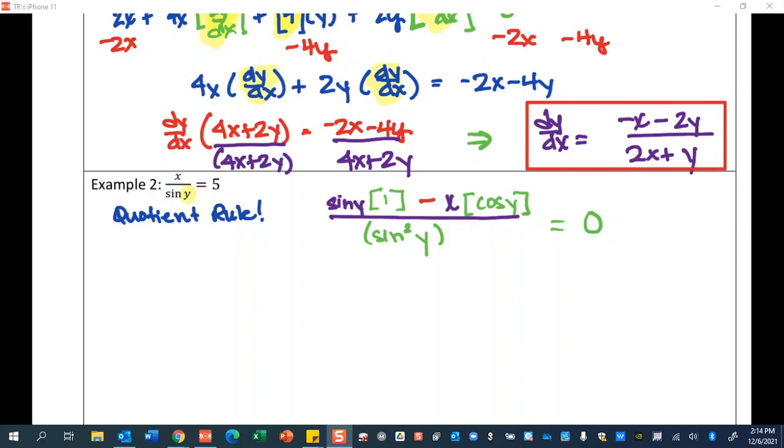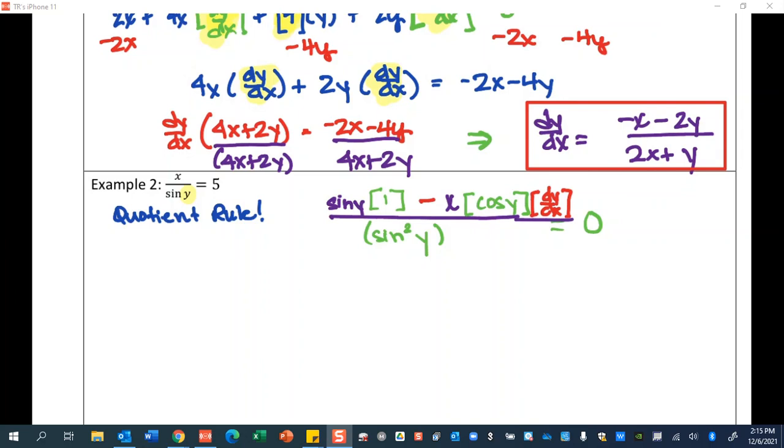Low d high minus high what? D low. So the cosine of y, the derivative of that, and then the cosine of what's inside is my, right? There's my dy dx.